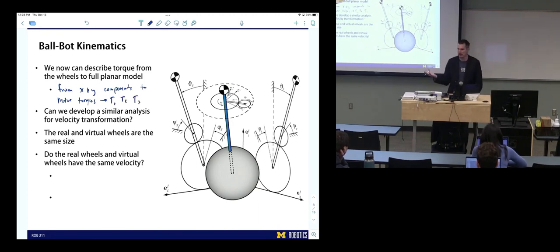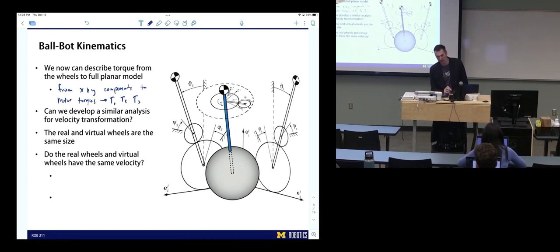Can we develop a similar analysis for velocity? It won't be quite the same because we're not going to do these velocity transformations in your actual software. You will potentially have to do the kinematics if we want to convert motor angle to ballbot angle, but we'll get to that. So this is a similar analysis of understanding how motion of a wheel translates to motion of the ball.